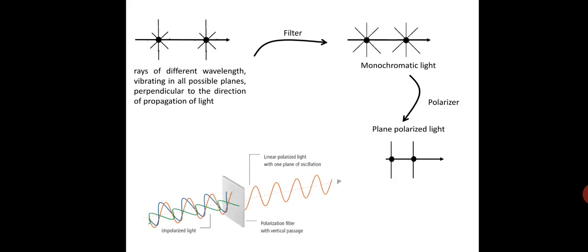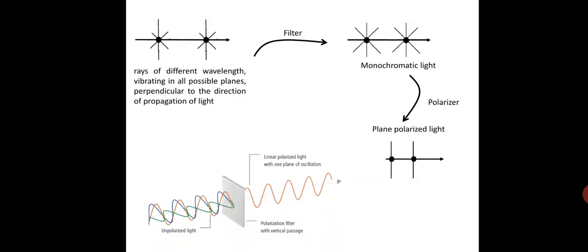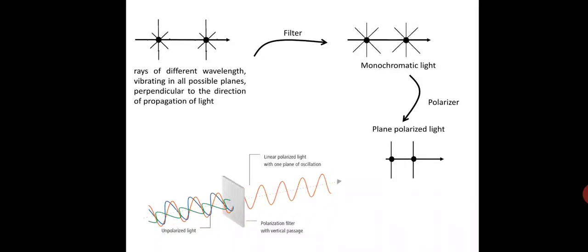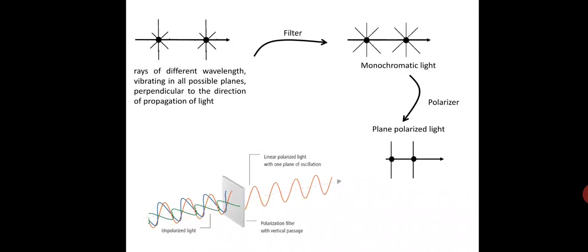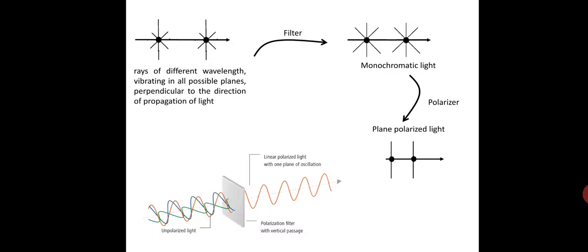The ordinary light that we see will have a large number of wavelengths, and all these waves will be vibrating in a plane that is perpendicular to the direction of propagation of light. This ordinary light can be converted to monochromatic light by passing it through a suitable filter.